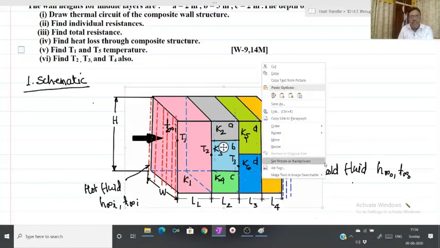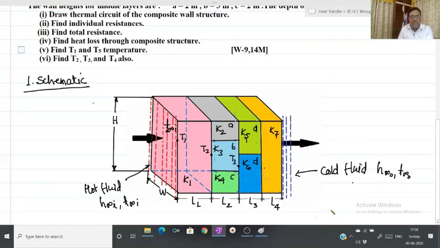Temperature of this interface is T4, and temperature of the right hand face of the yellow slab is given by T5, and finally temperature of the cold fluid is T infinity o.